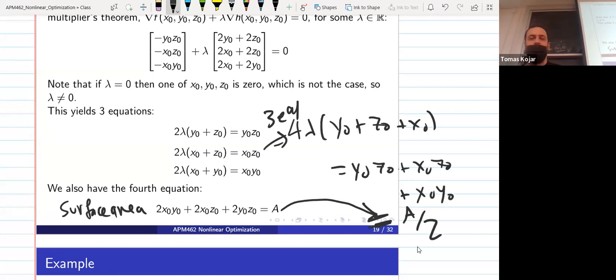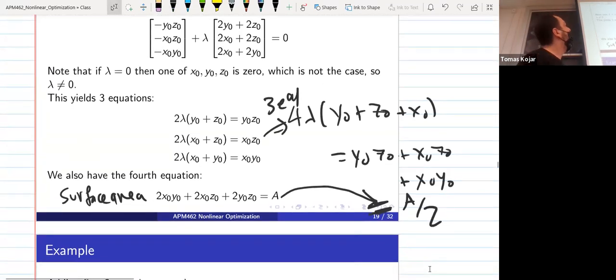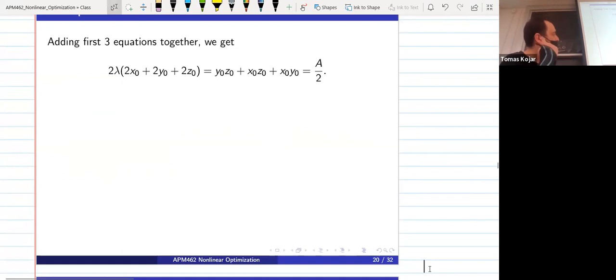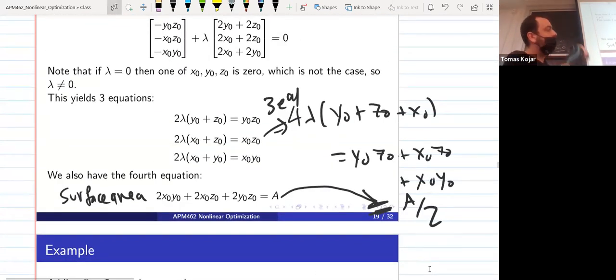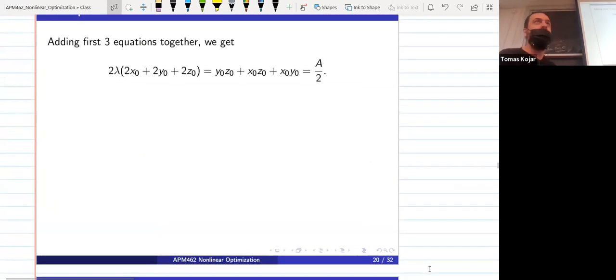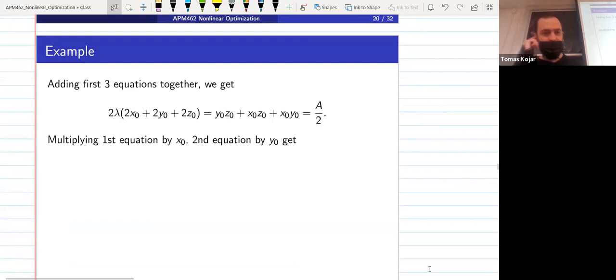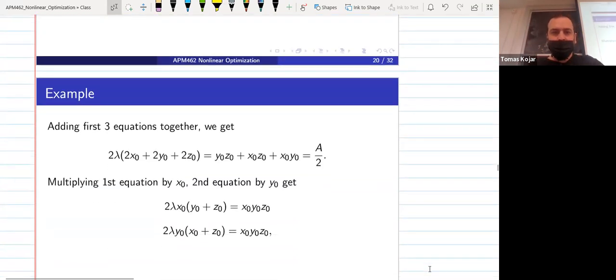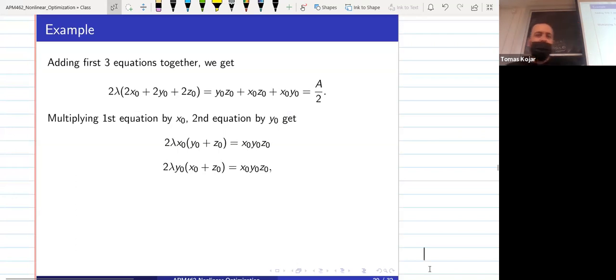Why are we doing this? By the way, you will need it for homework 1. Because this is just the perimeter of the box. Okay, anyway, so you do this and then we clean it up a bit.